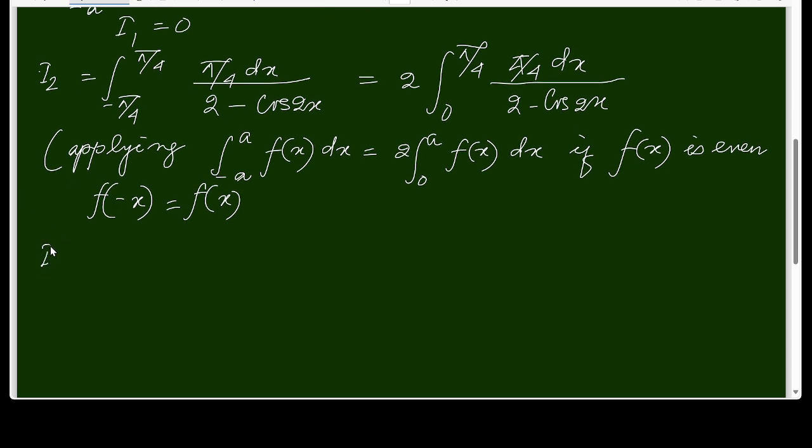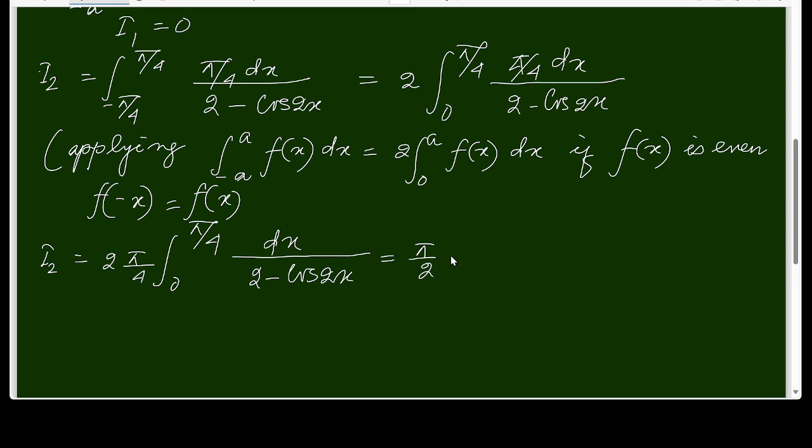So I2 equals twice pi by 4, I can take outside, the integral from 0 to pi by 4 of dx over 2 minus cos 2x. Now you can solve it in your own way. How I am doing it, I will put cos 2x in terms of the tan function. So this is (1 minus tan square x) over (1 plus tan square x).